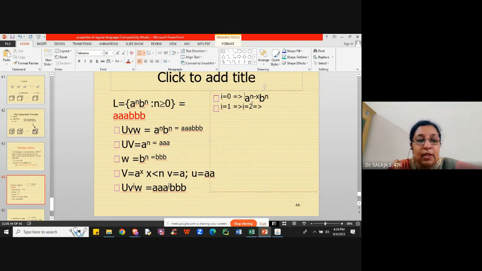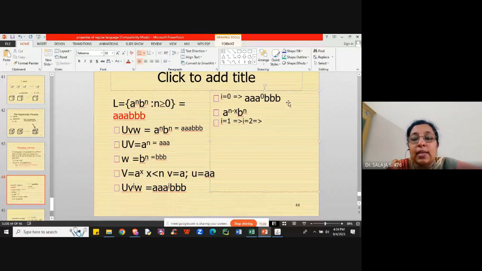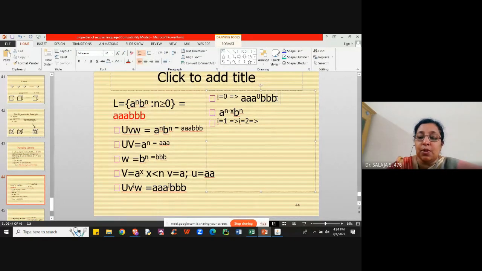If i is 0, what is the string which will be generated? You'll have 2 a's with 3 b's.